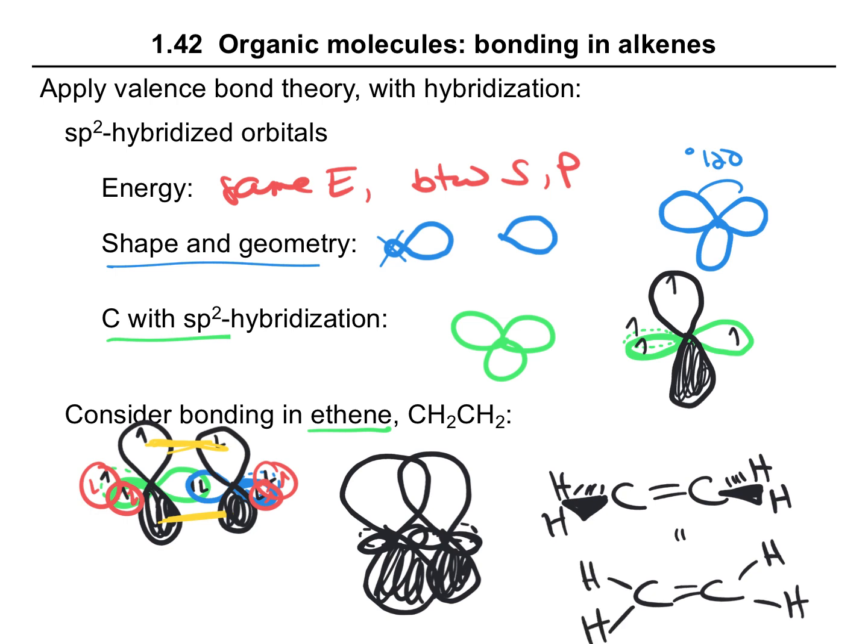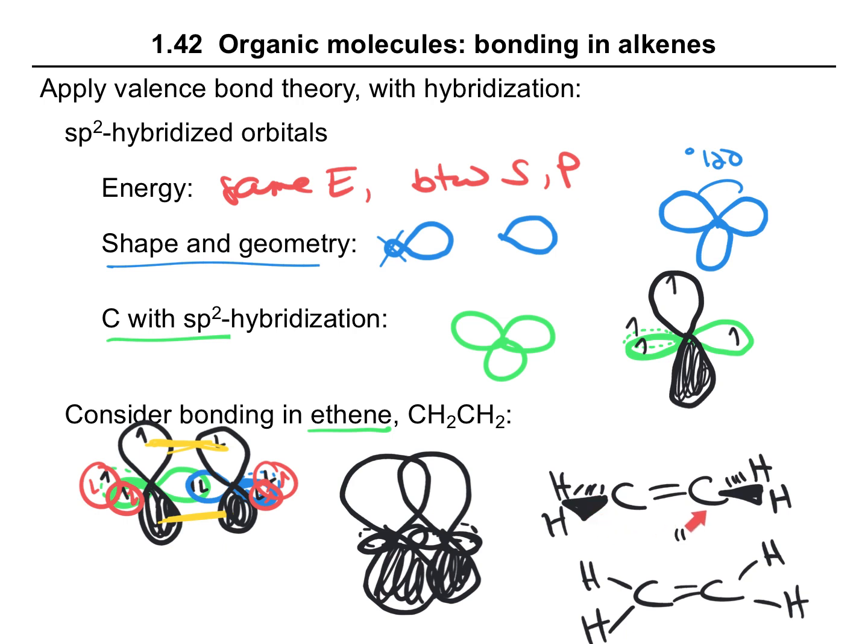It's not a rule, but in general, I think it's really helpful to draw as much as possible in the plane of the screen, in the plane of the paper. But I wanted to draw it this way because we started out showing our sp2 orbitals perpendicular to the plane of the screen so that we could include our p orbitals.